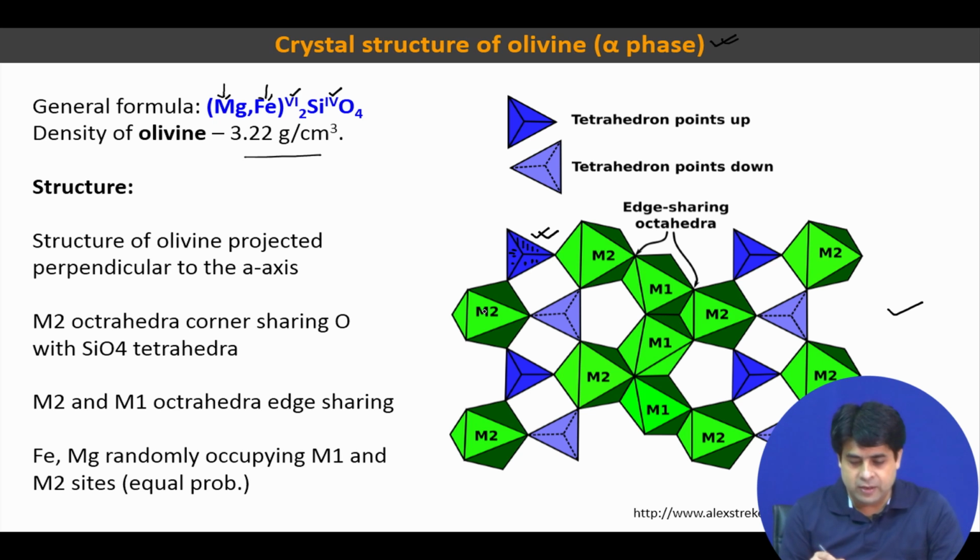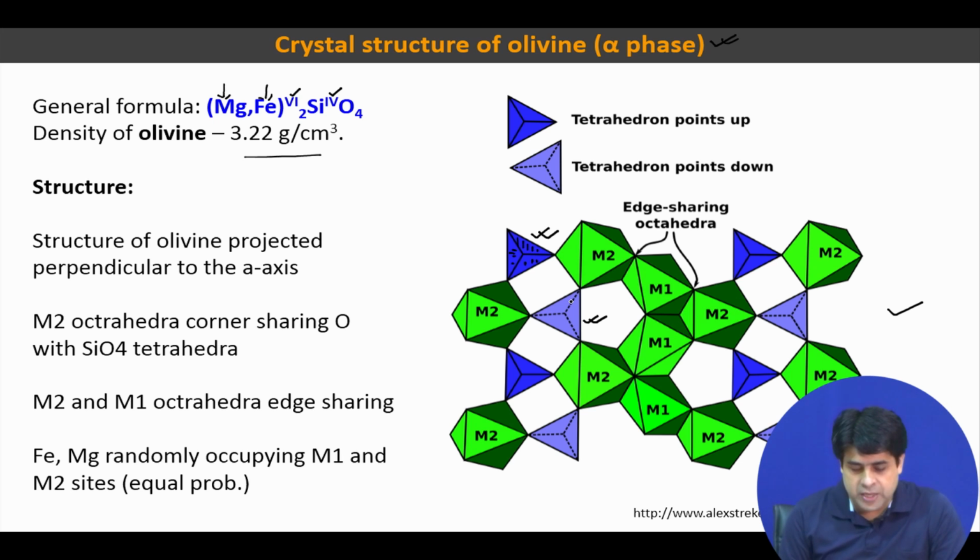And if inside the triangle you have a dashed line, for example this one, it means that your tetrahedron is pointing downward. And if you see these two tetrahedra are not connected with each other, so they are isolated.